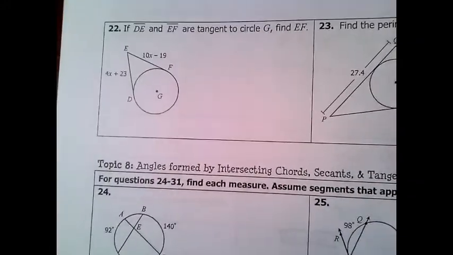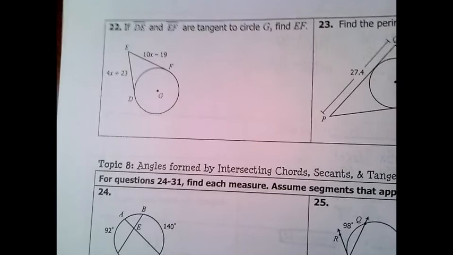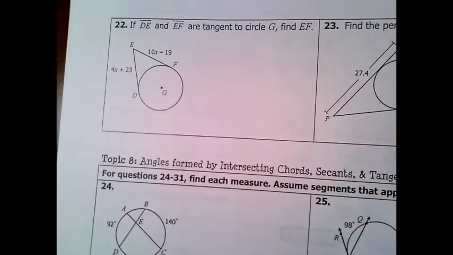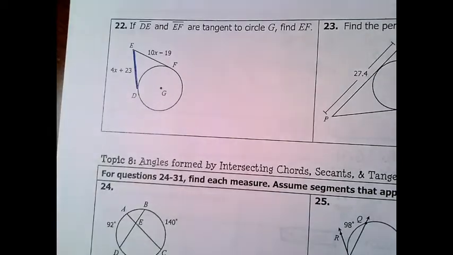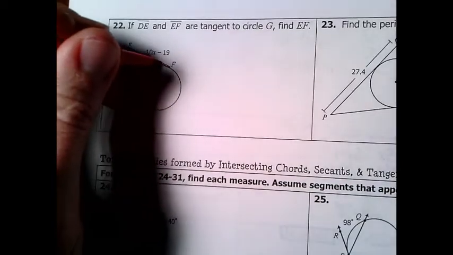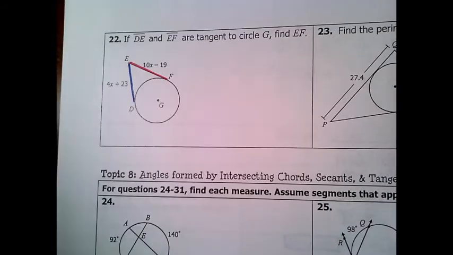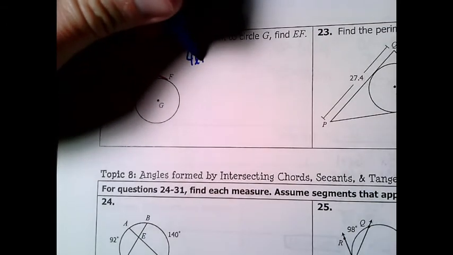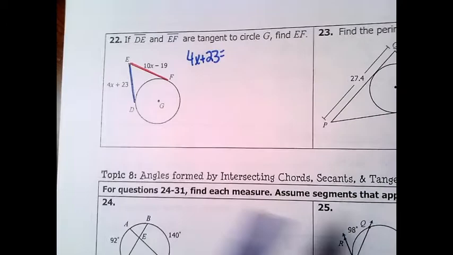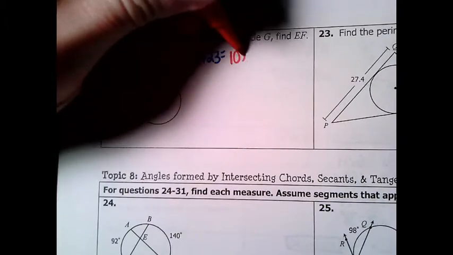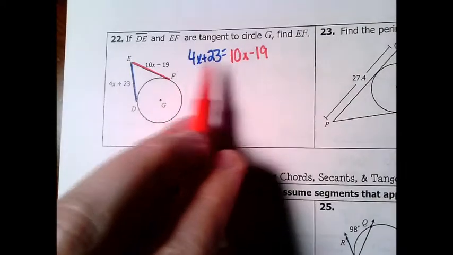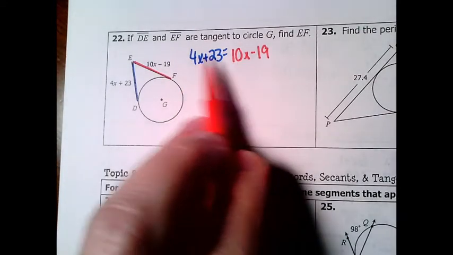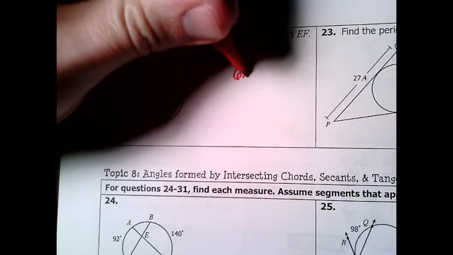On this one, we have tangents, and those tangents are touching the same point. And when they touch the same point, they are equal to each other. So it's just going to be 4x plus 23 equals 10x minus 19. Okay. So pick my smaller x, subtract it. So 10 minus 4 is 6x.